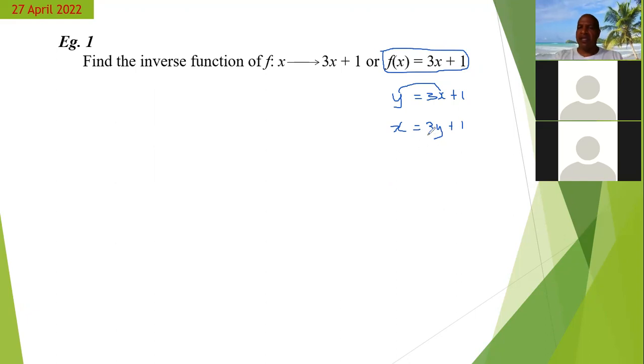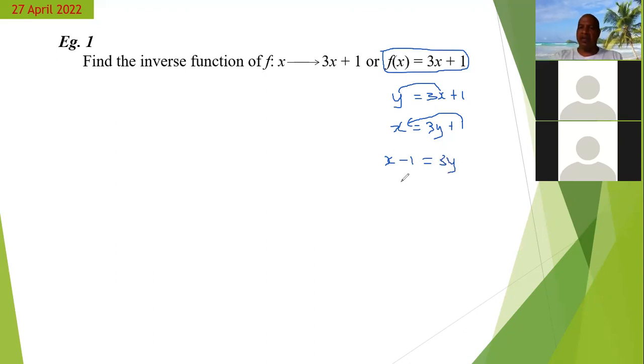Here we can keep the y on the right-hand side and bring everything to the left-hand side. The reason we keep the y on the right-hand side is because it is already positive on this side, and we don't want to make it a negative subject. So if we bring this one over to the left-hand side, we would have x minus 1 equal to 3y.